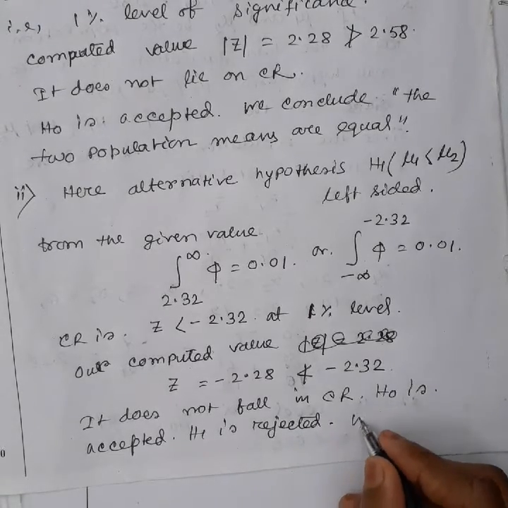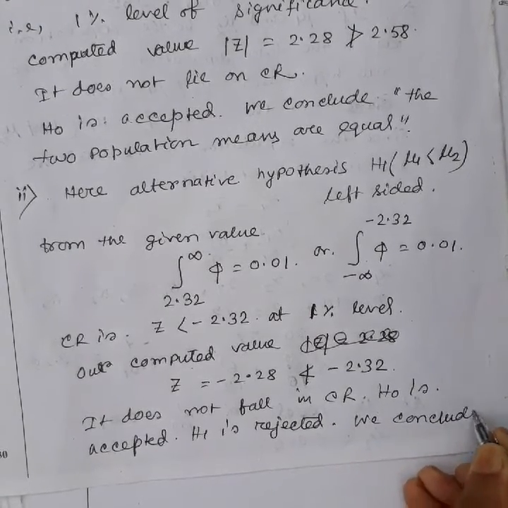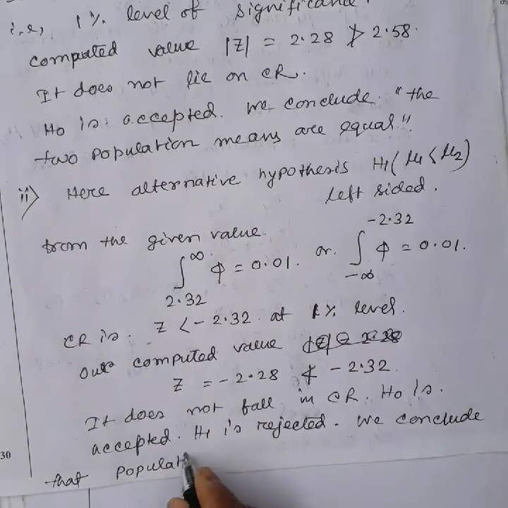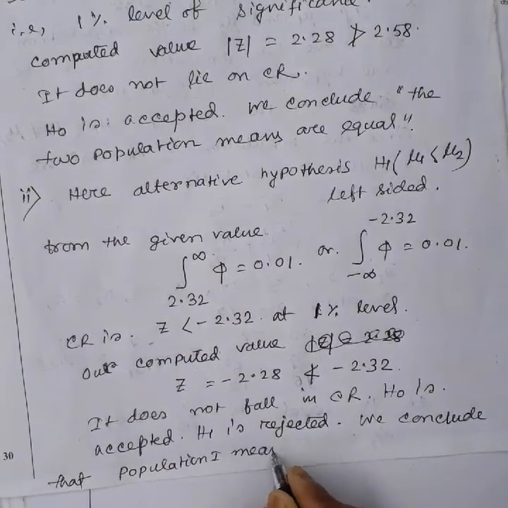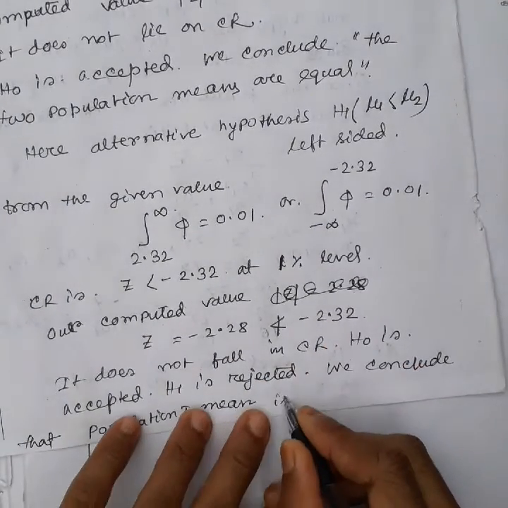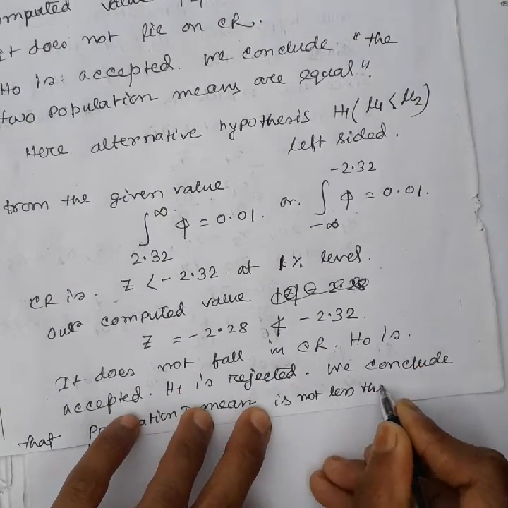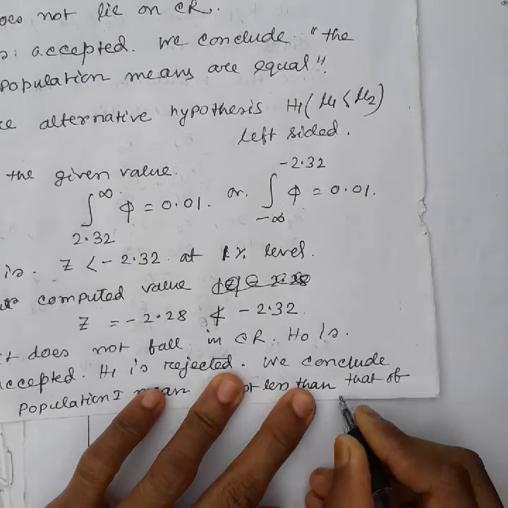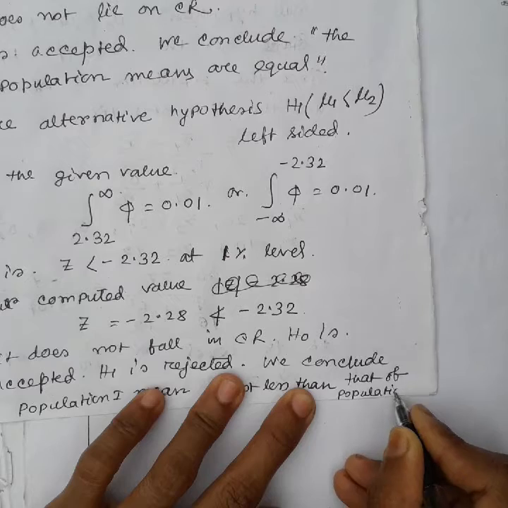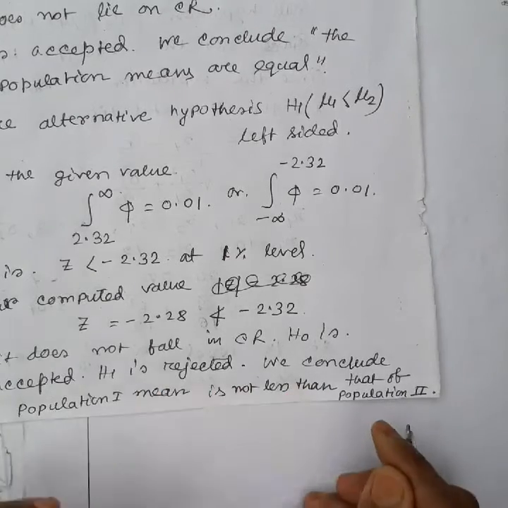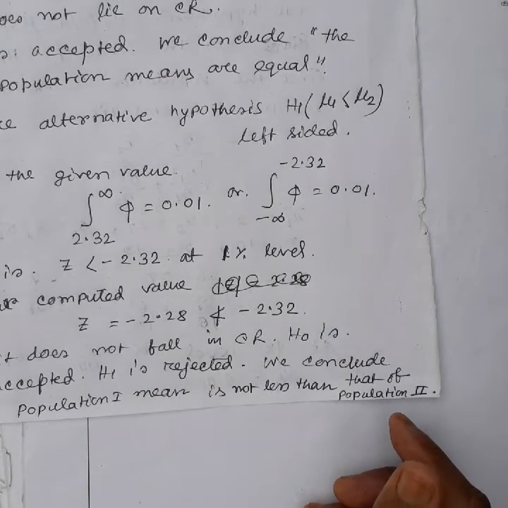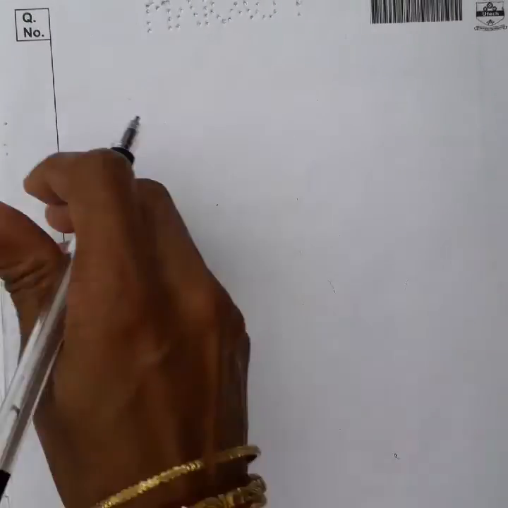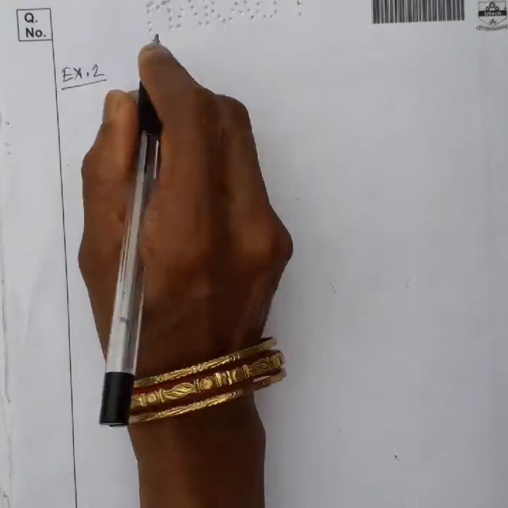Okay, so we conclude that population 1 mean is not less than that of population 2, and they are equal.